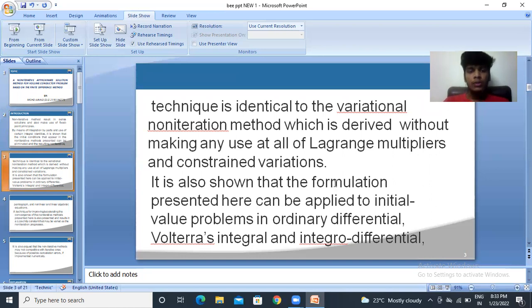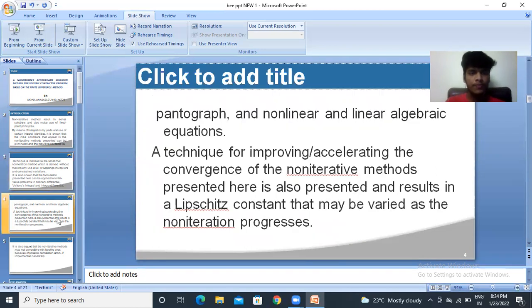This point says that the formulation presented here can be applied to initial value problems. So these ordinary differential, Volterra's integral and integral differential methods are applied for the basic non-iterative methods. Let's move to another slide.